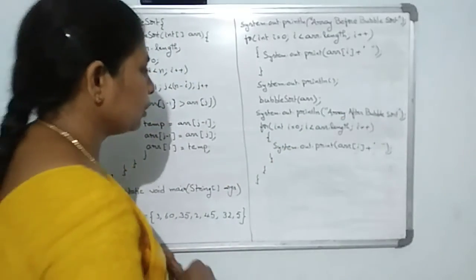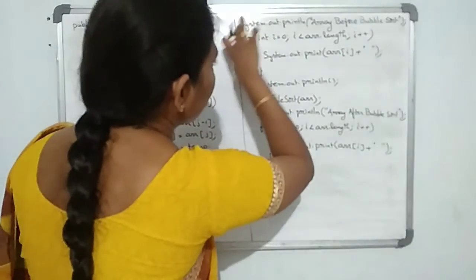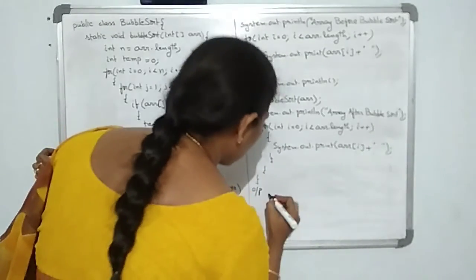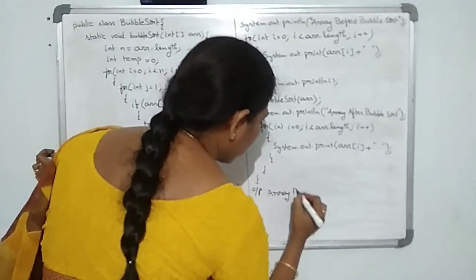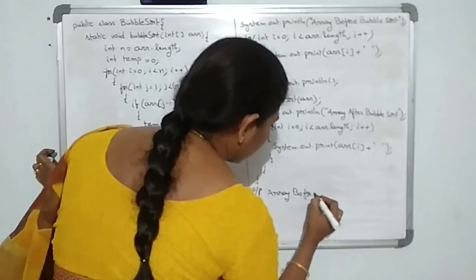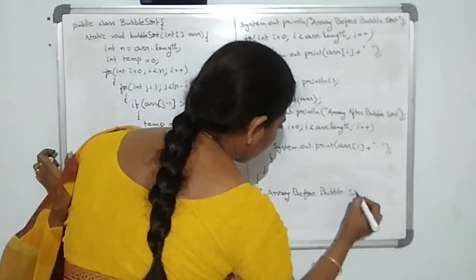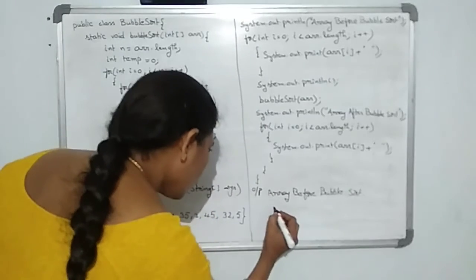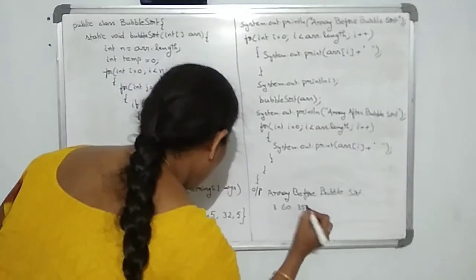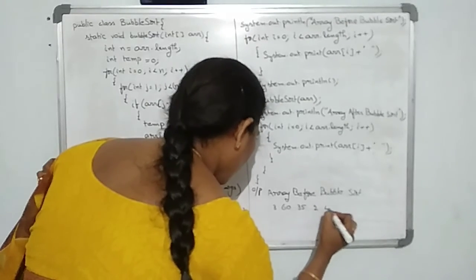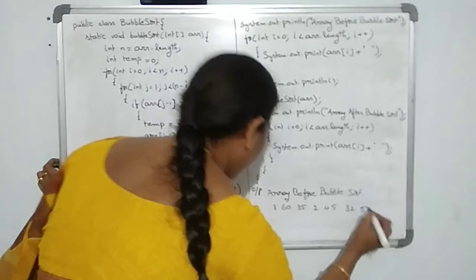First, the output comes from the first part. First it will execute the for loops. So in that case, you have the array before bubble sort. The elements are 3, 60, 35, 2, 45, 32 and 5.